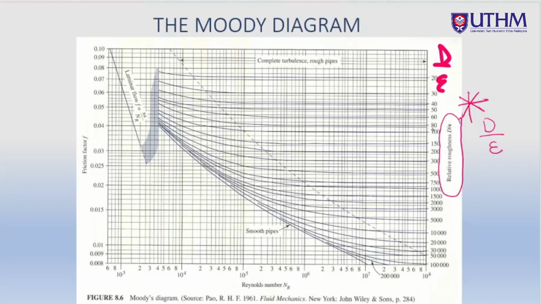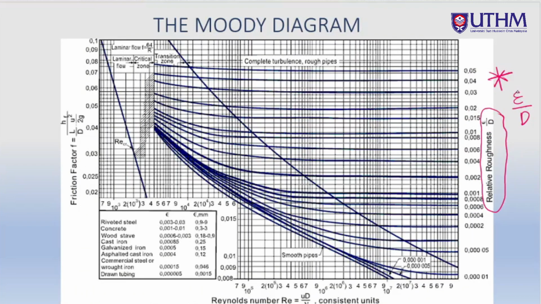Dia ada certain condition in which dia boleh kata the relative roughness is epsilon over D. Tak ada masalah. Depends on situation. Kan? Tapi the graph is sama juga. Kan? Kalau kita tengok kan, sini dekat bahagian laminar, and then this is bahagian complete turbulence.